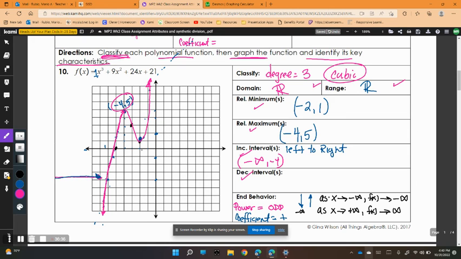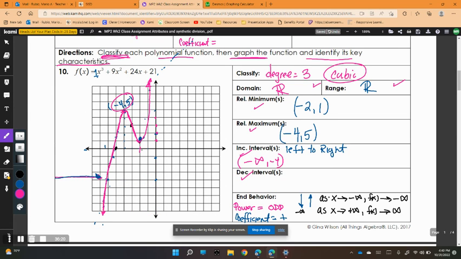As we come over this hump and start going down the line this way, we see that our y values are getting smaller, ultimately getting to this point, which is at x equals negative 2.